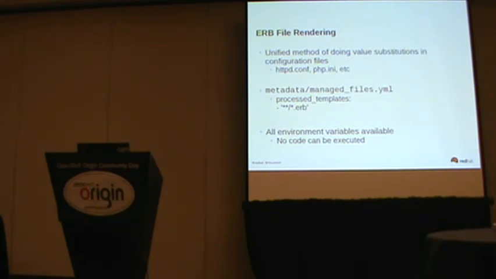Using this, the system will take care of all that substitution for you, and you don't have to worry about it. It is run at safe level 2, so we only do environment variable processing. If you think you're going to write random Ruby code and get me to run it as root, it's not going to happen.